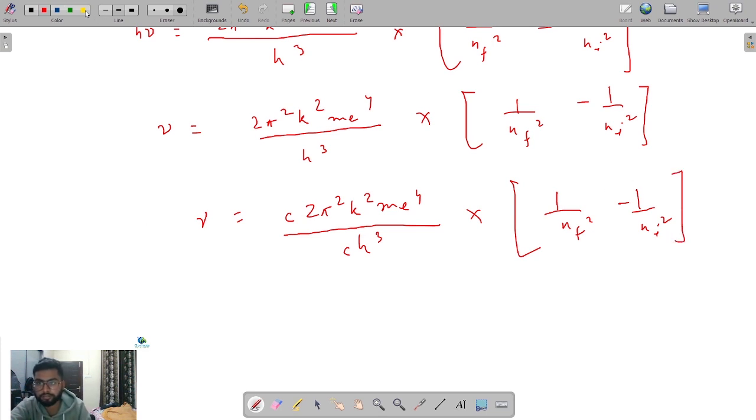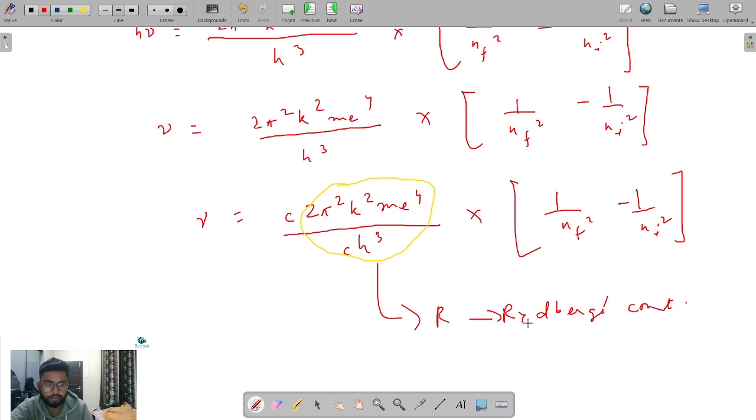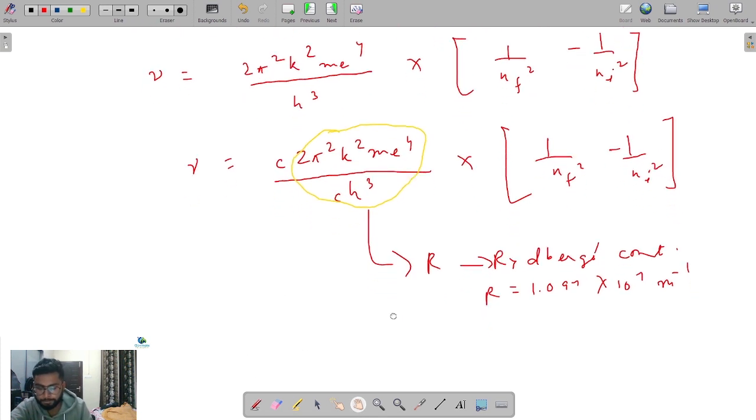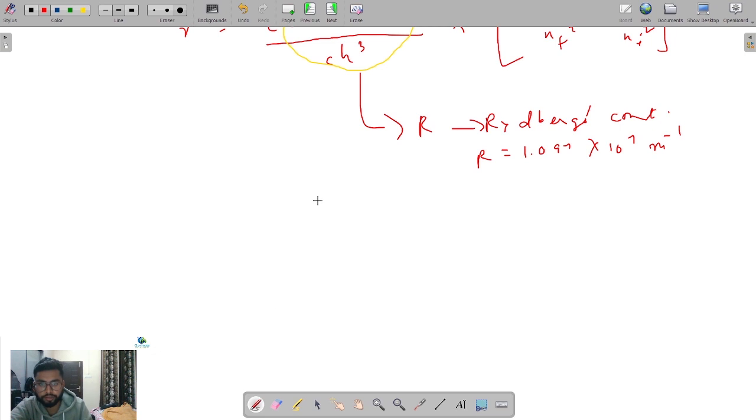Now here this part is known as our Rydberg's constant. This R is known as our Rydberg's constant, and the value of R is 1.097 into 10 to the power of 7 per meter.